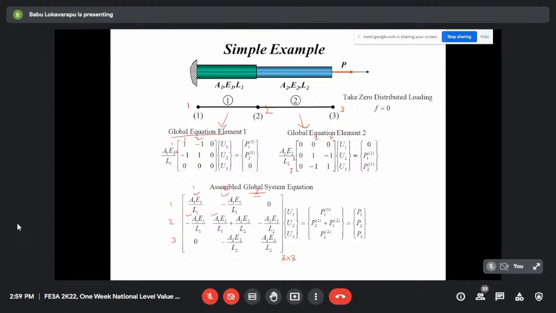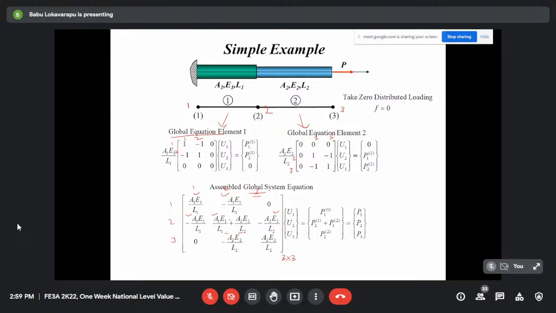2, 2, 1 into AE by LE. So already one value is there. You have to add this value to the previous value because node 2 is common between element 1 and 2. Then again 2, 3; 2, 3 is this element.